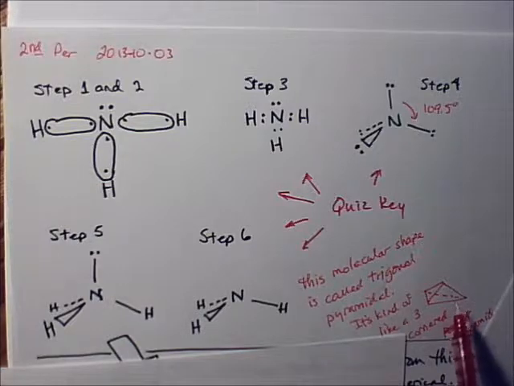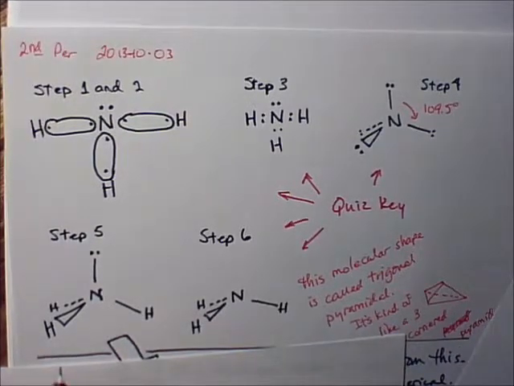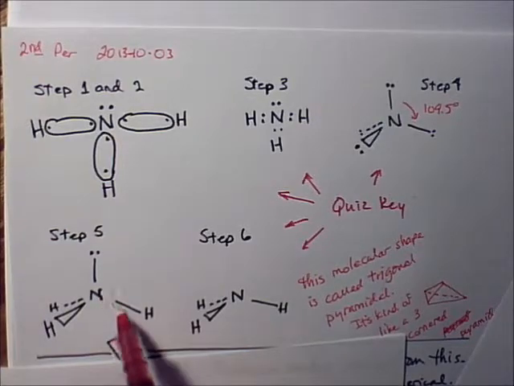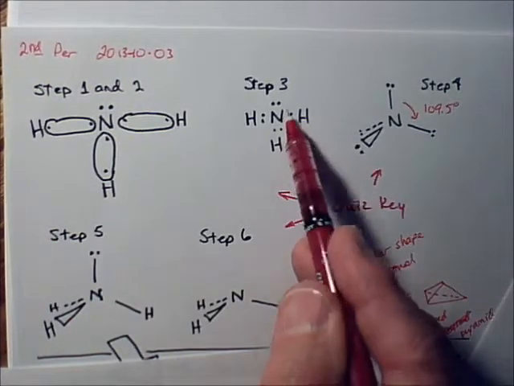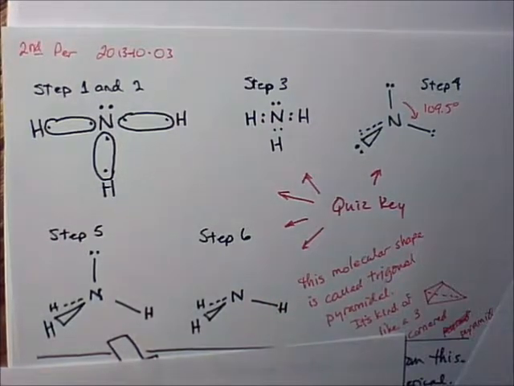Okay? Now, when we get to the balloon models, we're going to look back at this right here to kind of figure out what our balloon model is going to be. All this bonding here, all 4 of these bonds come from an sp3 set of hybridized orbitals, and there are 4 sp3 hybridized orbitals.